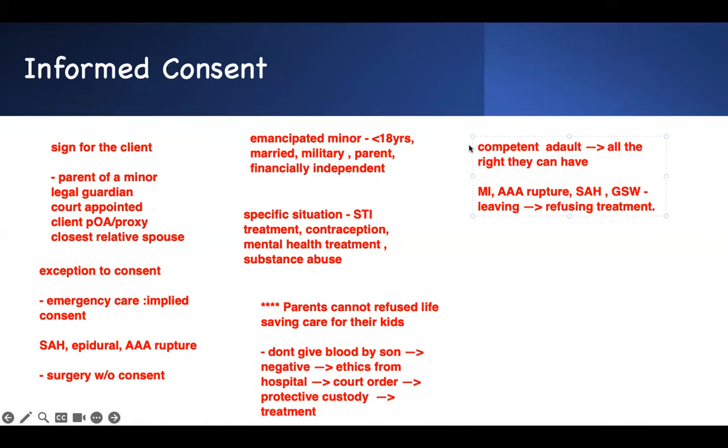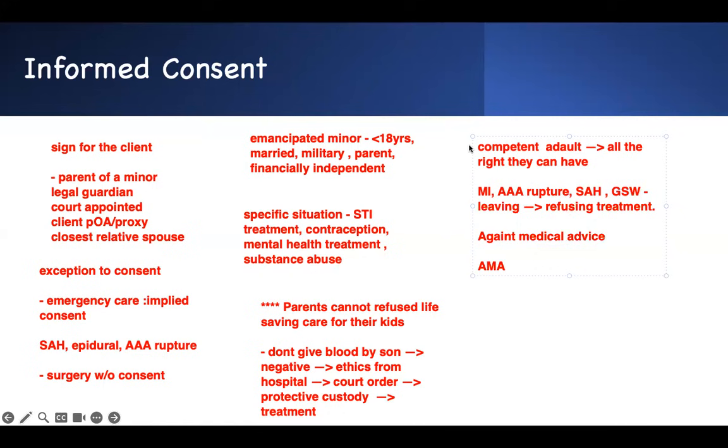Let them go because according to the law, they can make a decision. They are not under the influence of anything. So they can decide to leave against medical advice. This leads to AMA. That is the flow.